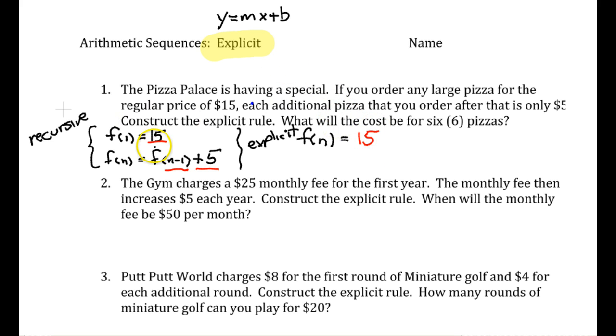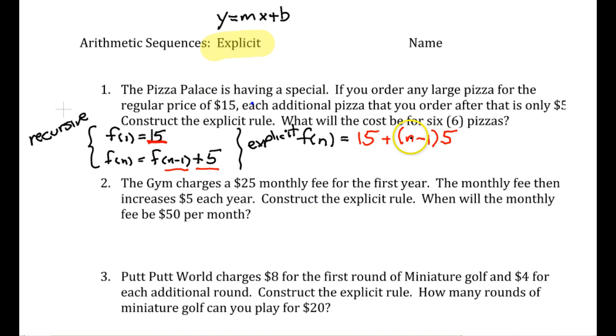Okay, so I just took the starting point, 15, plus n minus 1, the previous term, n minus 1. And then I'm going to multiply it by this difference of 5. I'm taking 3 key parts from the recursive form, putting them together, and it makes an explicit form.